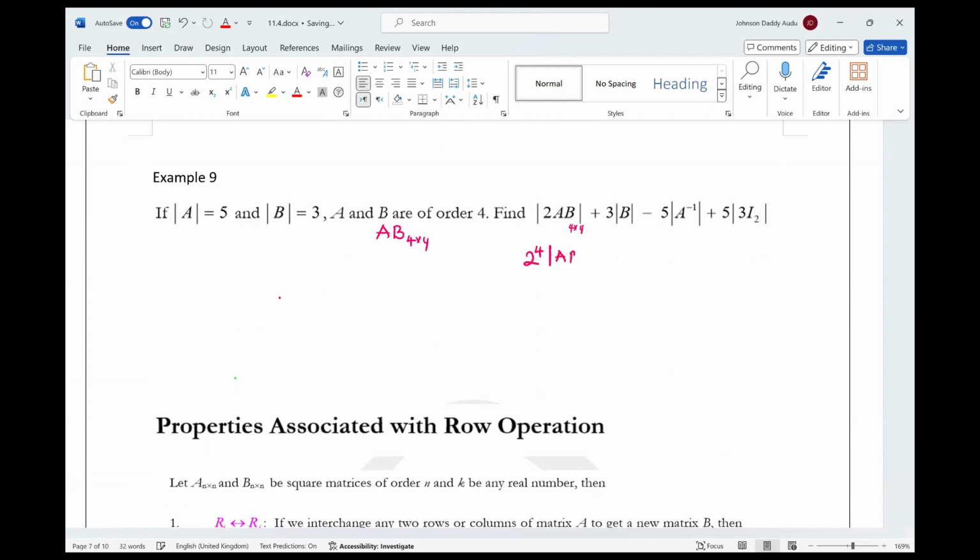Then you have the determinant of AB plus 3 determinant of B. This is going to be 5 times 1 over determinant of A plus this one times, this 3 will come out, so it will be 3 to the power 2 determinant of I2.